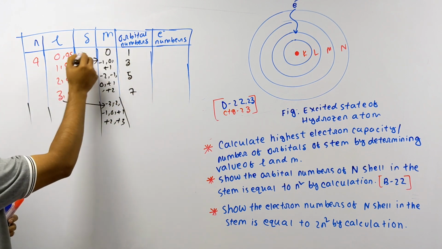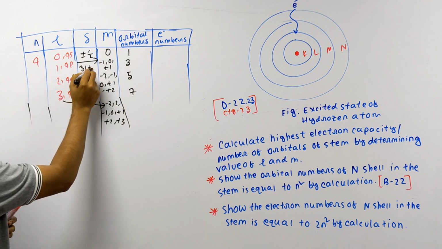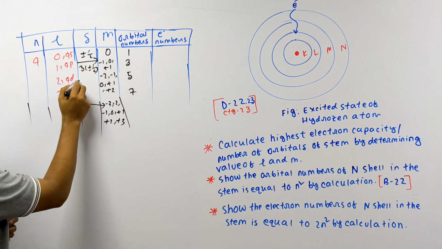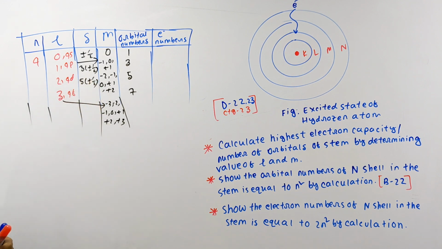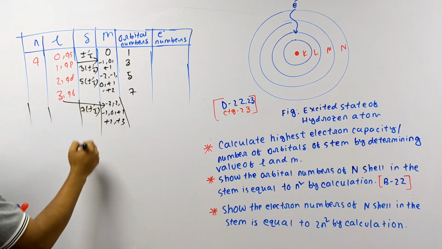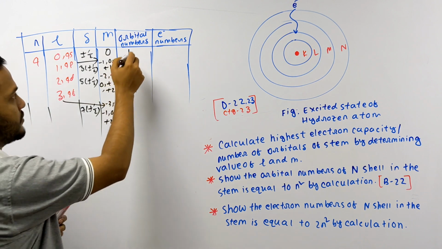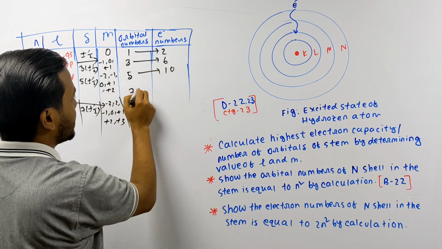Spin is only plus or minus half. For p, it is 3 into plus minus half. For d, 5 into plus minus half, total 10 electrons, 5 in clockwise direction and another 5 in anti-clockwise direction. For f, 7 times plus minus half. Now electron numbers are 2 times the orbitals: 2, 6, 10, 14.